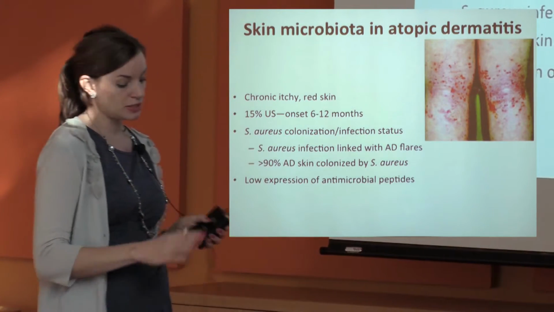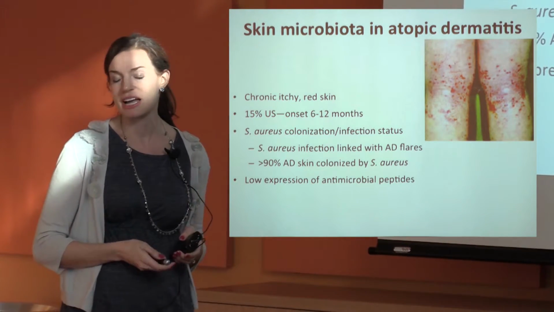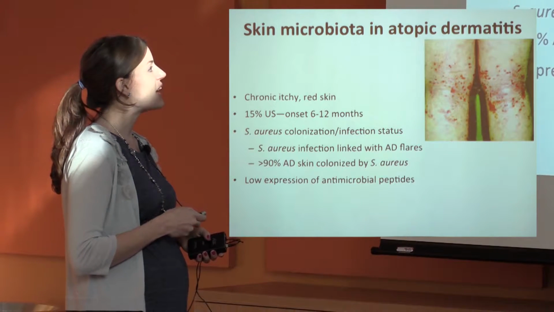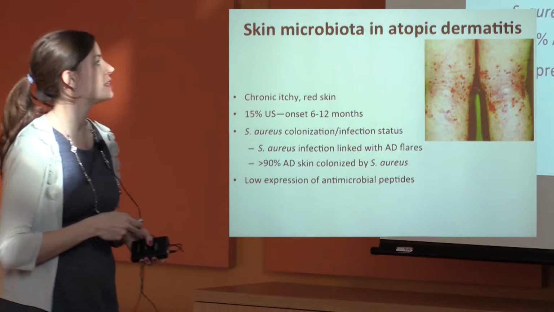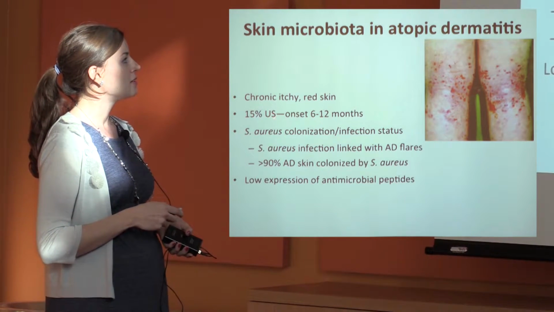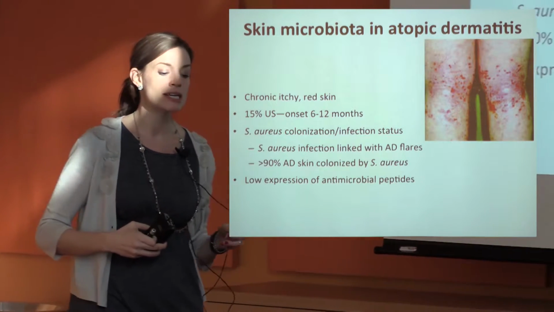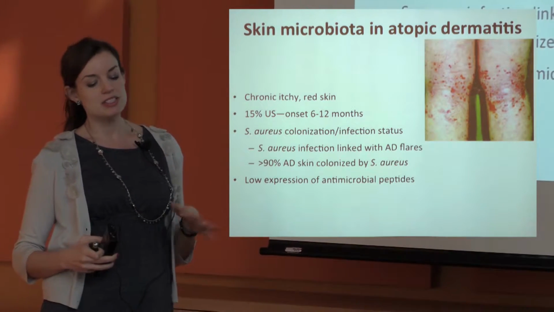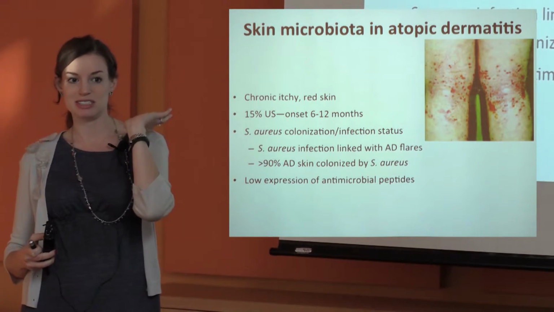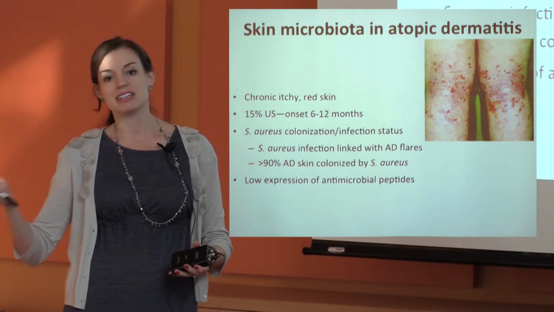So I'm going to focus a little bit on this example from atopic dermatitis, which is an itchy, red, rashy skin condition that affects infants generally, and it's a high amount of infants, about 15% in the US. And the interesting thing about this disease is its incidence increases as time goes on.